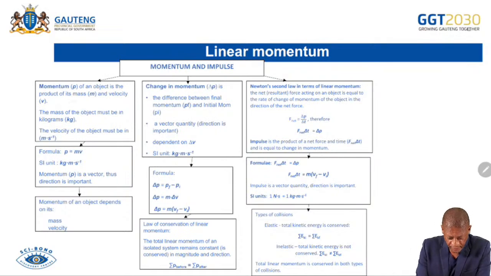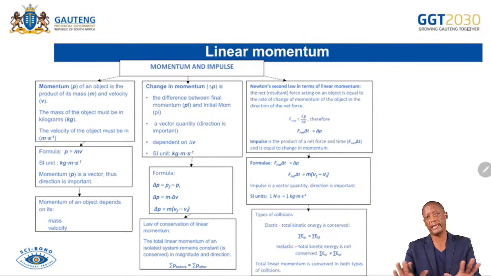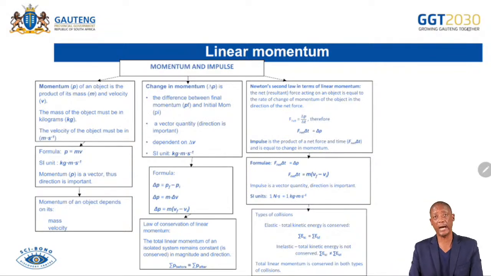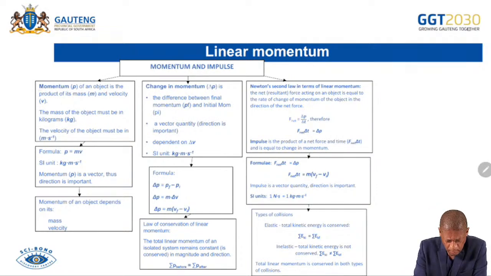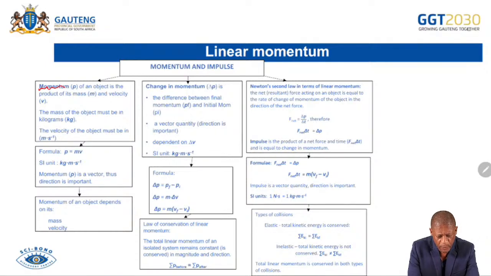I'm giving a scanty picture of what we are going to deal with as we are having this framework. Now we are dealing with momentum. The definition thereof: the momentum of an object is the product of mass and velocity.